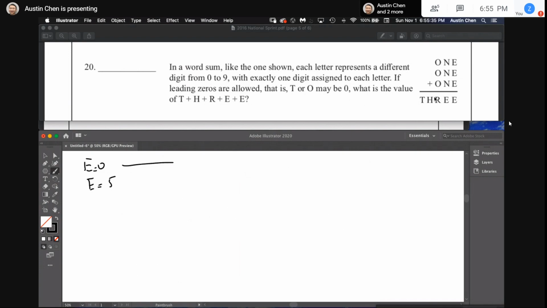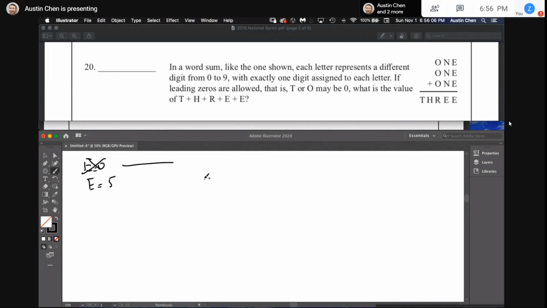You can check that for yourself by looking at all the N's and seeing what they sum to. So that means we can't have E equals 0, and E has to equal 5.